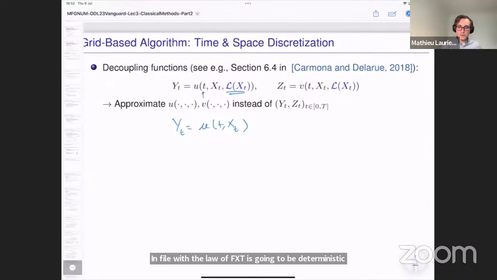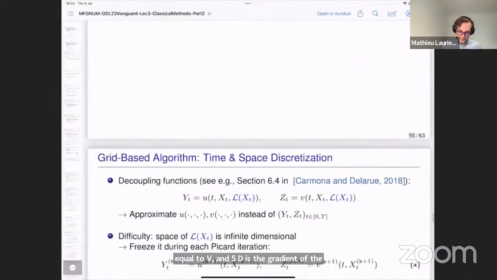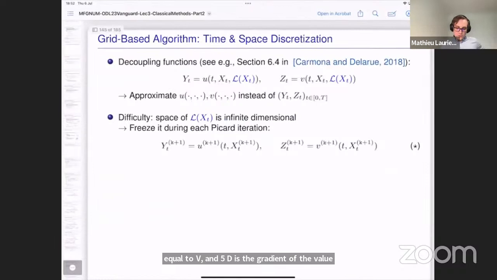It's enough to know what time it is. But in some cases, you want to make the dependence on the distribution completely explicit. And here, z is equal to v, and in fact, v is the gradient of the value function. But we don't know these functions. We don't know u and we don't know v, right? So the goal is to compute u and to compute v.